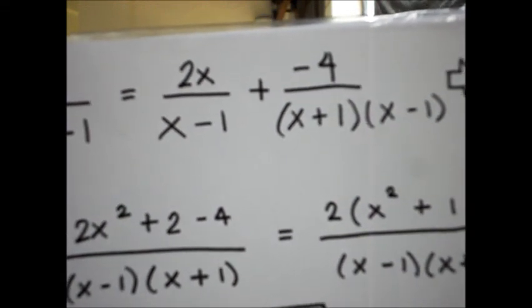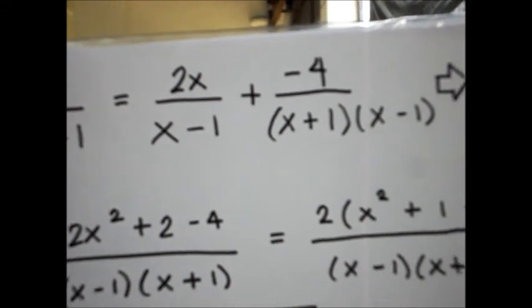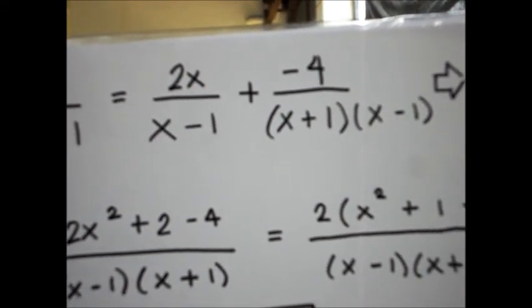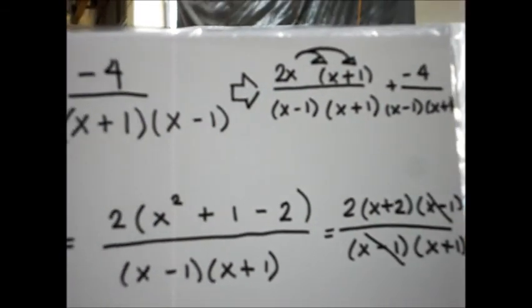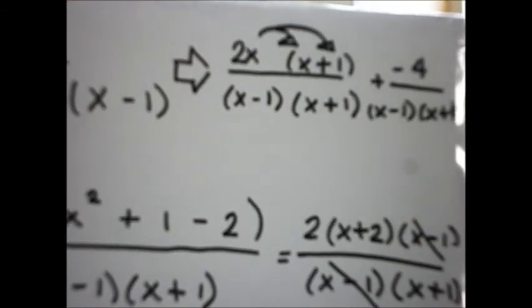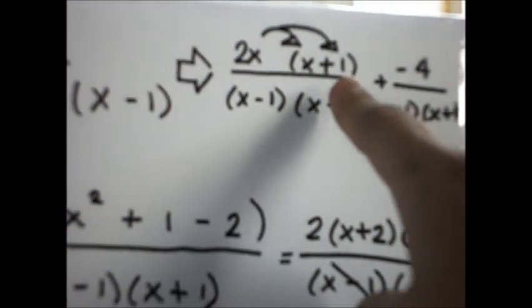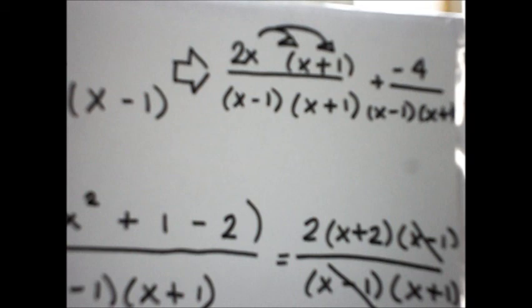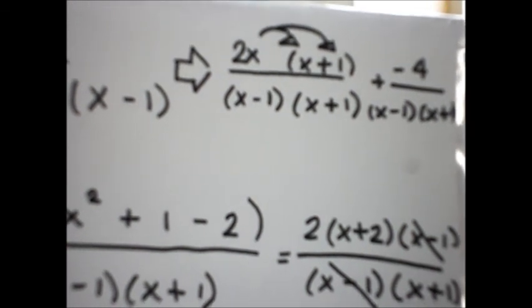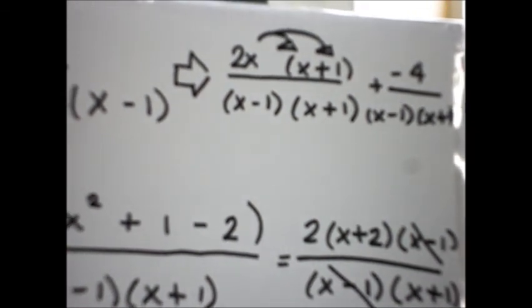And when you can see this, you can have your LCD, which will become that. As you can see, we added x plus 1 on both numerator and denominator on the first term so that those two denominators will be the same and we can add them.